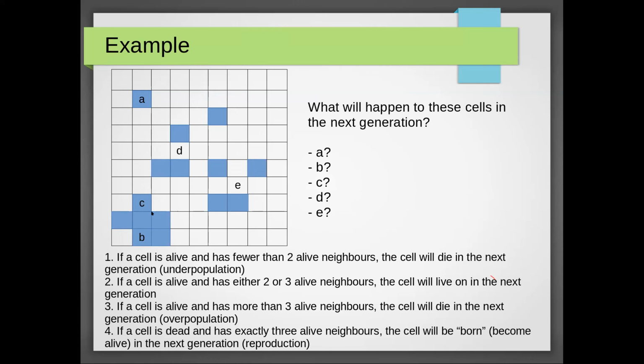Yes, that one's going to survive. It's got exactly the right number of neighbors, so it's in a nice stable position. What about cell D? That's right. It's going to be born because it's dead, but it's got exactly 3 alive neighbors. So that's going to be born as a new life form in the next generation. And then E?